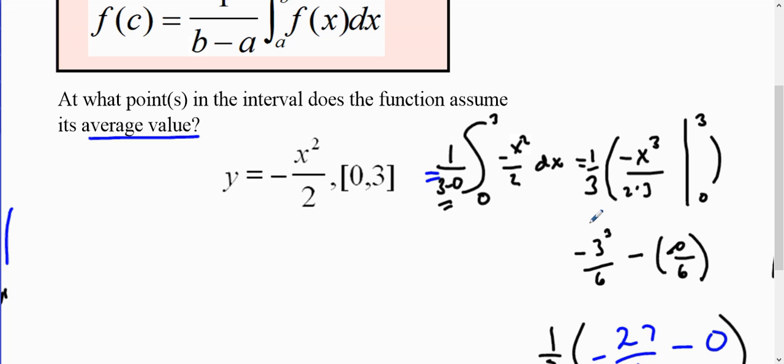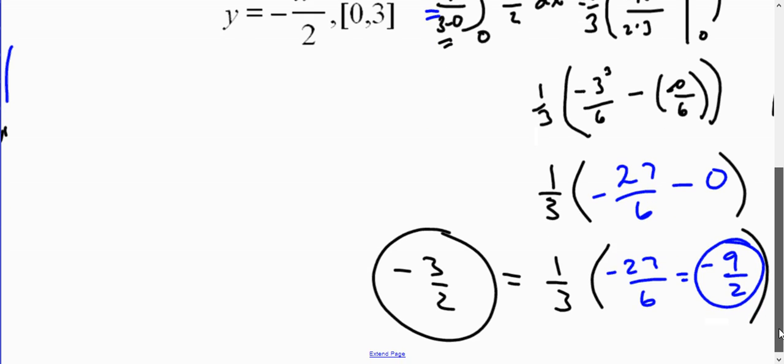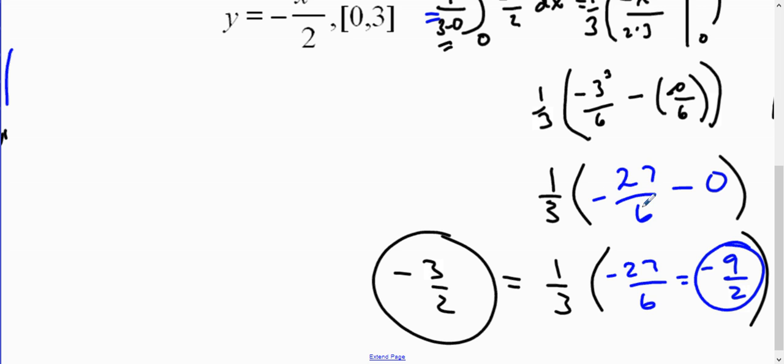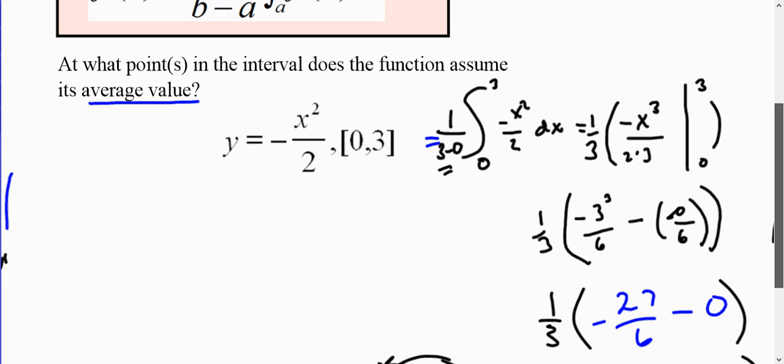We're going to multiply all this by 1/3, and you can see my work underneath. What we have is negative 27/6 minus 0, which can be simplified to negative 9/2. So here is the average value of our function.